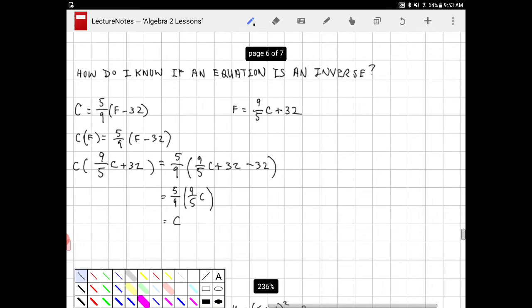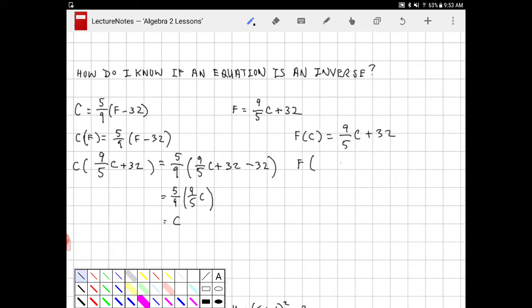Similarly, if I do this in reverse, since f is a function of C in this case, I get 9/5 C plus 32. Wherever I see C, I am going to replace that with 5/9 (f minus 32).